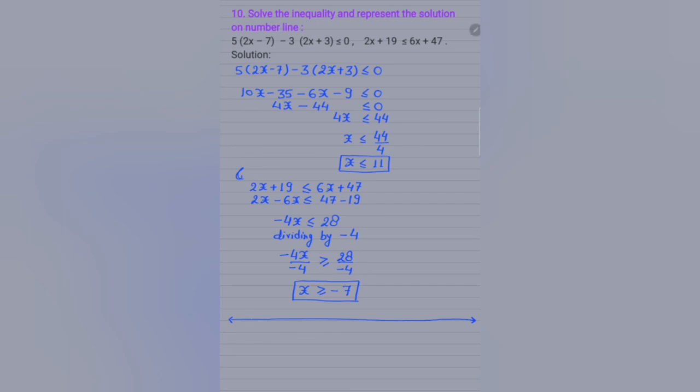So starting from minus 7, minus 6, minus 5, minus 4, minus 3, minus 2, minus 1, 0, 1, 2, 3, 4, 5, 6, 7, 8, 9, 10 and 11. So mark the dark circle at minus 7 and a dark circle at 11.